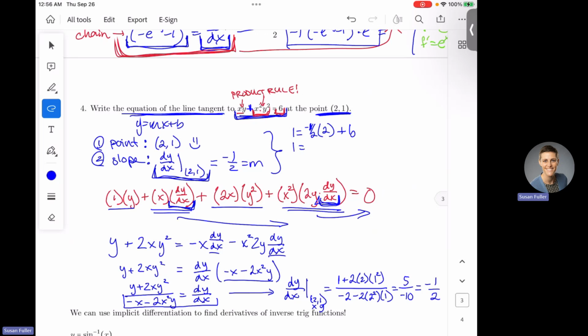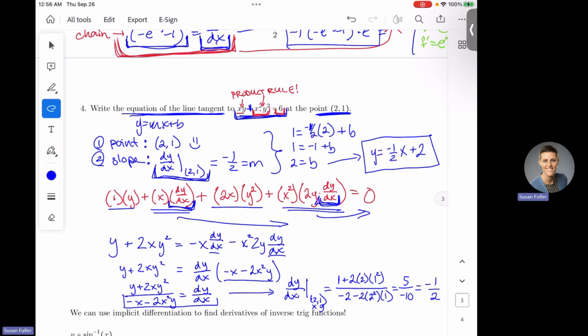So I'm going to have 1 equals negative 1/2 times 2, which is negative 1, plus b. Now I'm going to add that 1 to both sides and I get 2 equals b. And now I can write y equals m, which is negative 1/2, times x plus b, which is 2. And that is the equation of my tangent line.